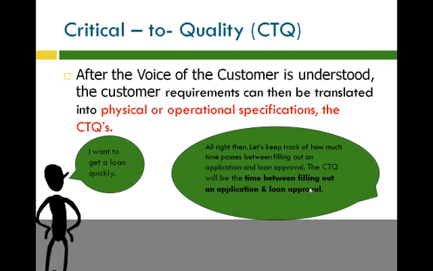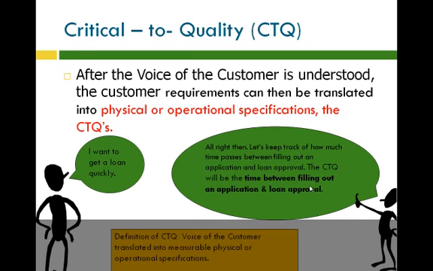So what we could do is, let's keep track of how much time passes between filling out an application and loan approval. So the CTQ would be time between filling out an application and loan approval. And my units could be hours. So the CTQ is the voice of the customer translated into a measurable or physical or operational entity.